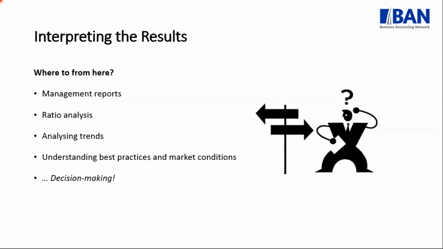So you need to make sure that you take into account that information together with market conditions, industry conditions, best practices, and what is happening real time in the business right now in order to make effective decisions. So I'm hoping that today's webinar will have added a little bit more comfort, a little bit more ease as to your starting point and how your financial statements can actually help you to get where you want to be in your business.